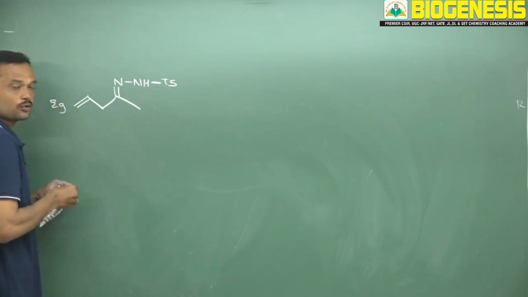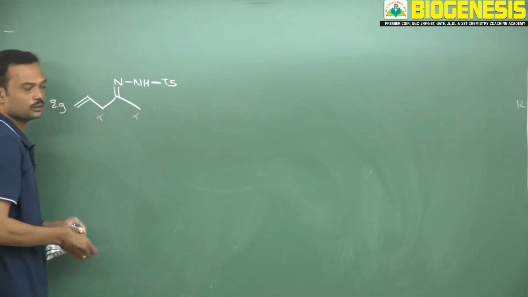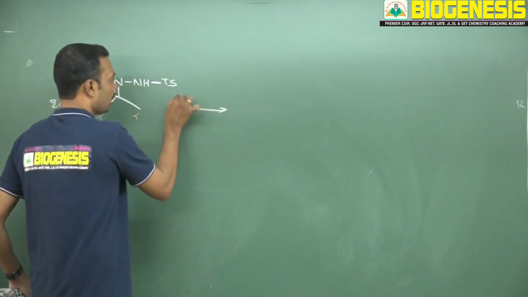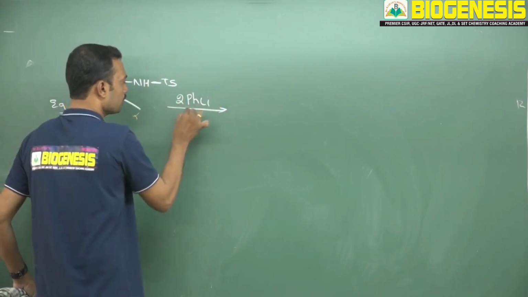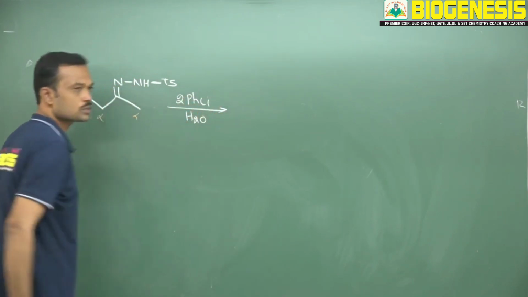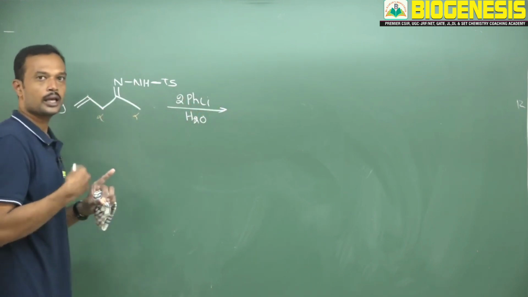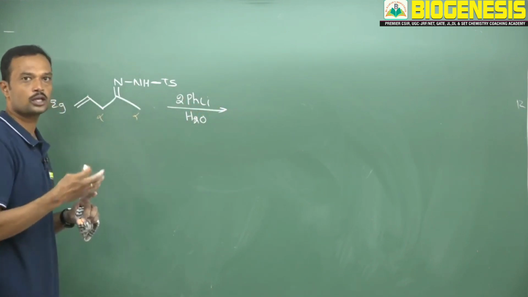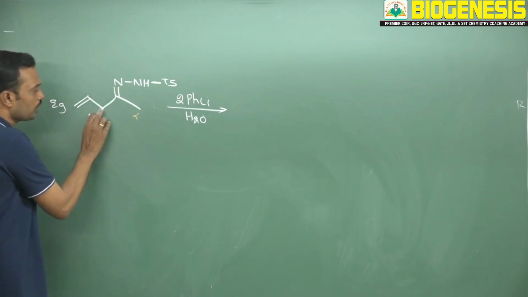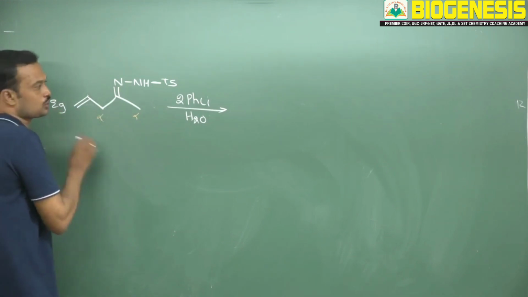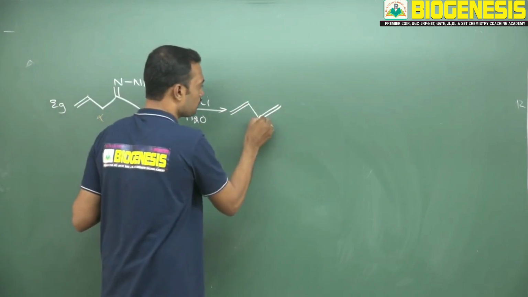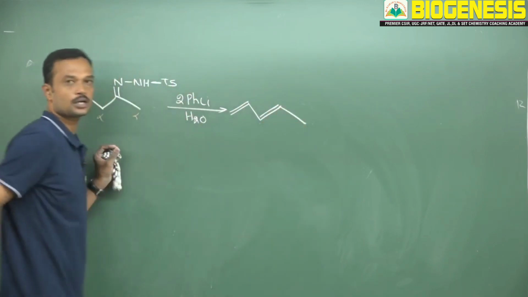Now this is one alpha carbon, here also an alpha carbon is present. Now here I am going to react with 2 equivalents of phenyl lithium in presence of aqueous workup. Now see, whichever alpha carbon carries extended conjugation, from that direction only it will remove. Suppose if you remove this, you will get a negative charge, and that negative charge is stabilized by conjugation. So your final answer is put a double bond between the alpha carbon and the carbonyl, and that is the answer.